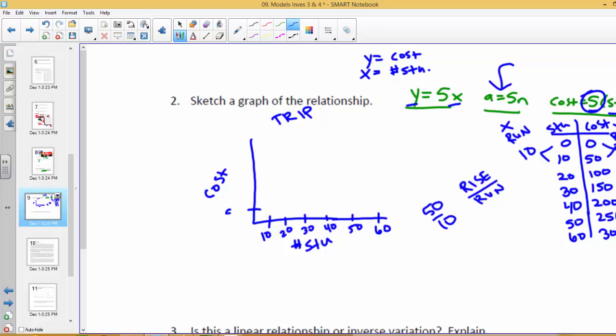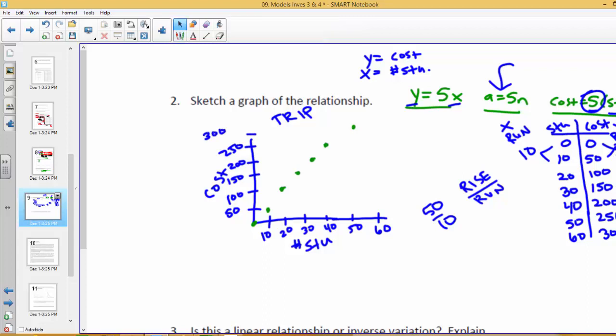In the y, it's probably going to be most helpful to count by at least 50s. That's what we're going up by if you count by 10s in the x. So 0 gives 0, 10 is 50, 20 is 100, 30 is 150, 40 is 200, 50 is 250, 60 is 300. So it's this lovely linear pattern.